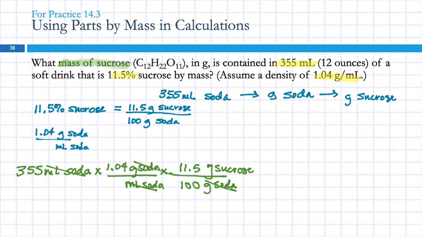So I've got 355 times 1.04 times 11.5 divided by 100. 42.458 is what the calculator says. And then for sig figs, I should have 3, so 42.5 grams of sucrose in the can of soda.